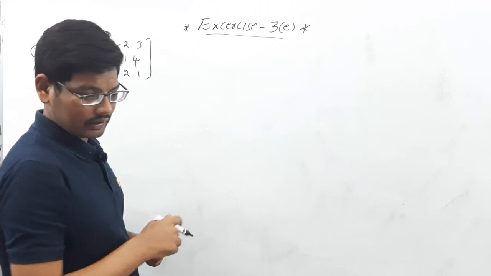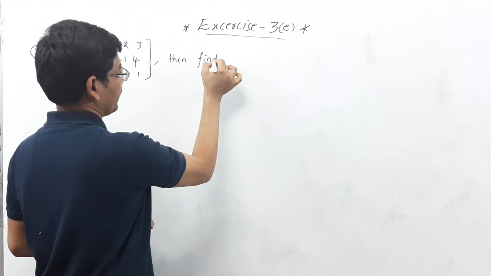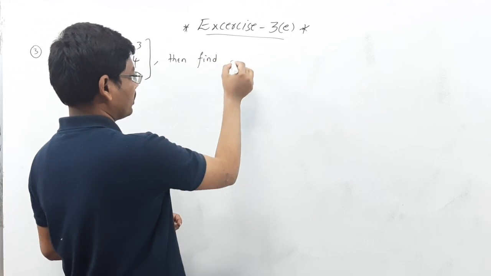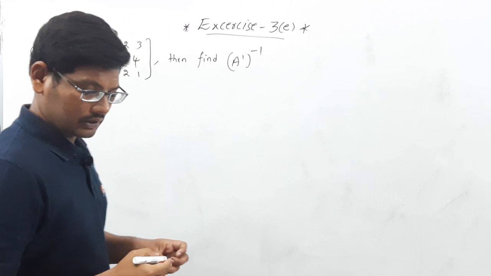This is the 3 by 3 matrix. Then he is asking to find A dash whole inverse.